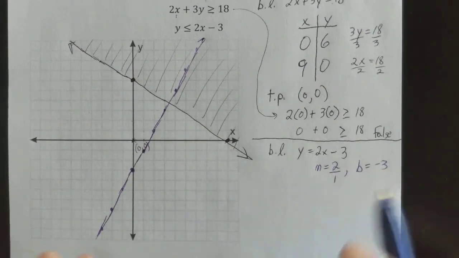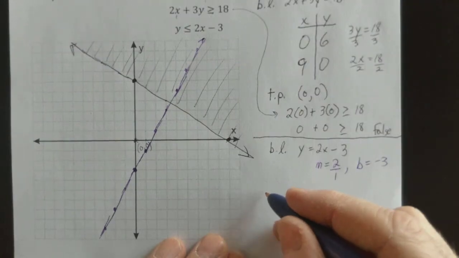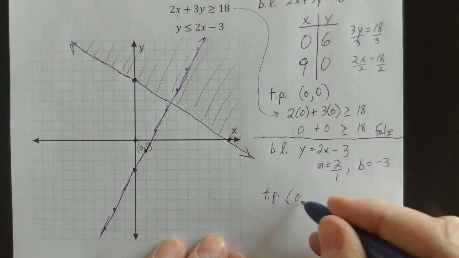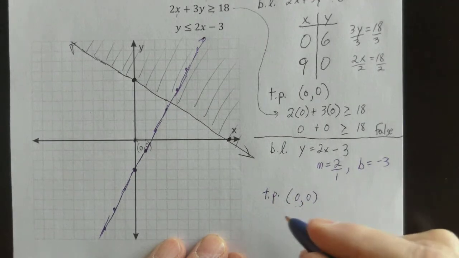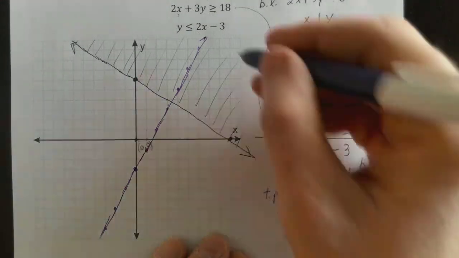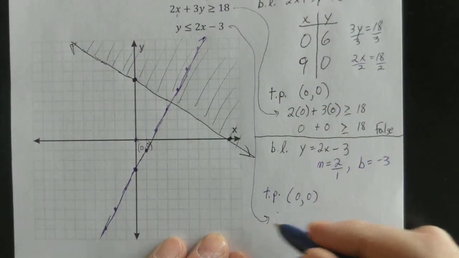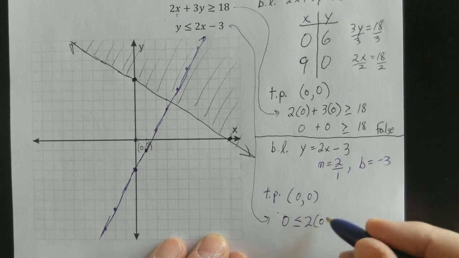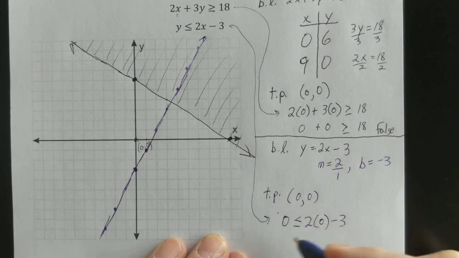So let's go 0, 0 here, and put 0 in for y. See if that's less than or equal to 2 times 0 minus 3.